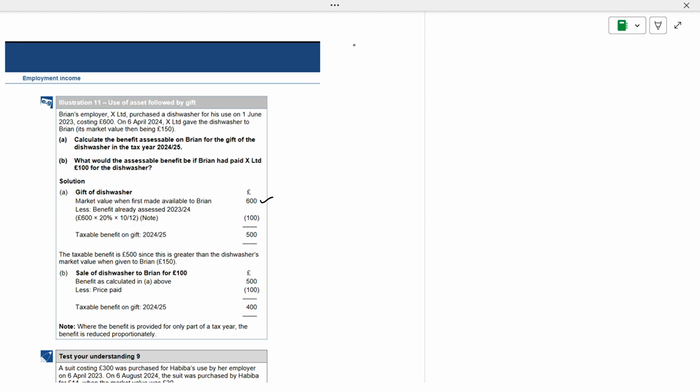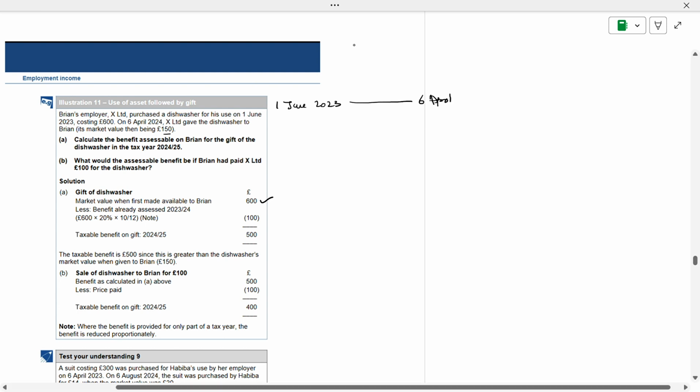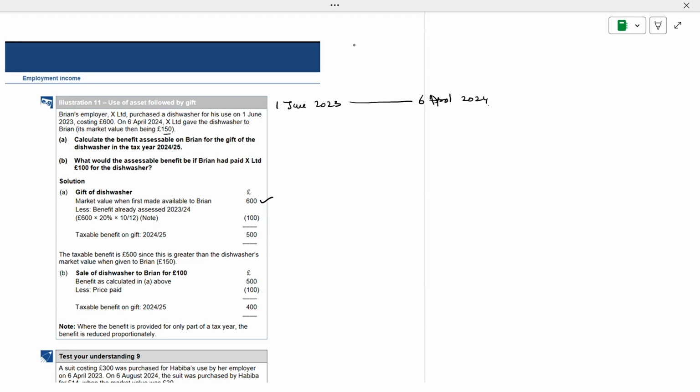On 6th April 2024, he gave the dishwasher to Brain for how much? 150.